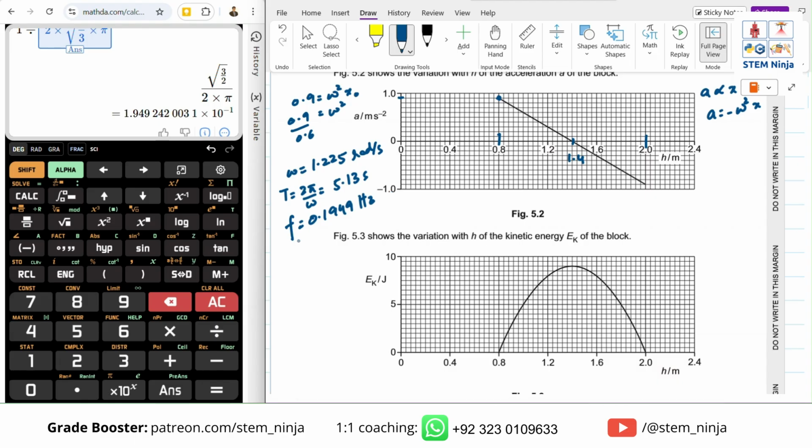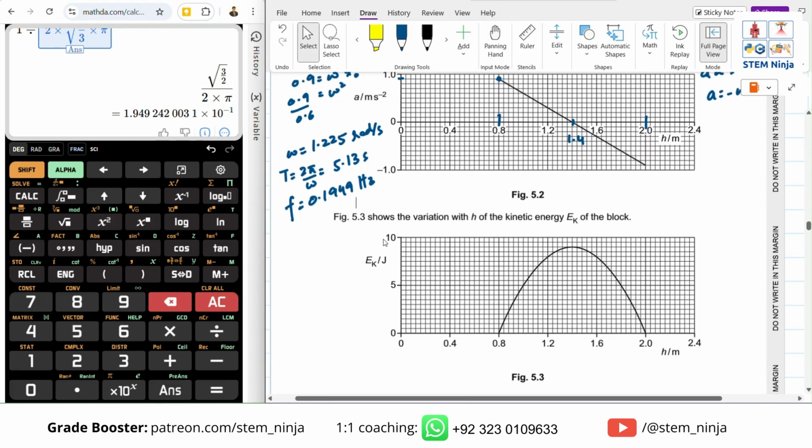This is what we can get from that. Second thing, now we need the mass. Maximum energy is also 9 joules. You can see this over here, 1, 2, 3, 4, 5, and this would be 9 joules.